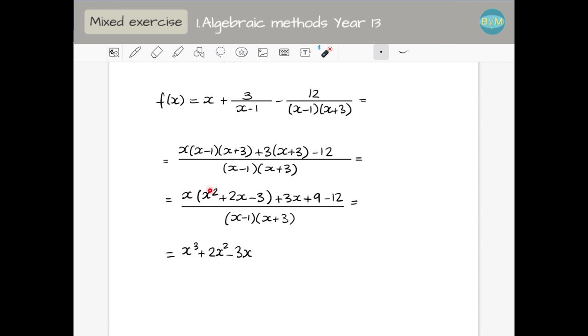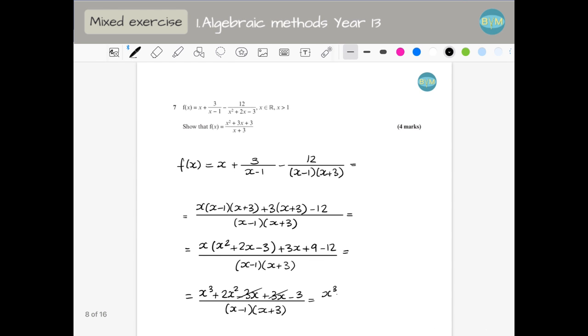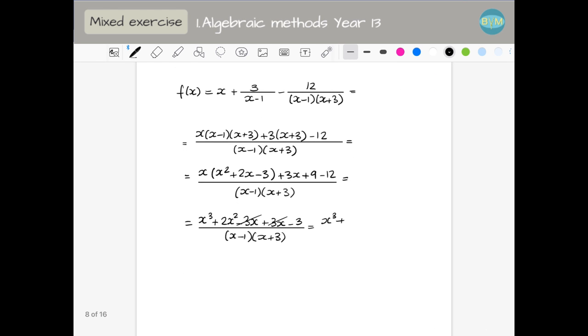So I have expanded this bracket, and now I'm going to write the plus 3x, but I can put the numbers together. So I have 9 minus 12 is minus 3, just to simplify a bit more. x minus 1, x plus 3. These two are gone, and I have x cubed plus 2x squared minus 3.